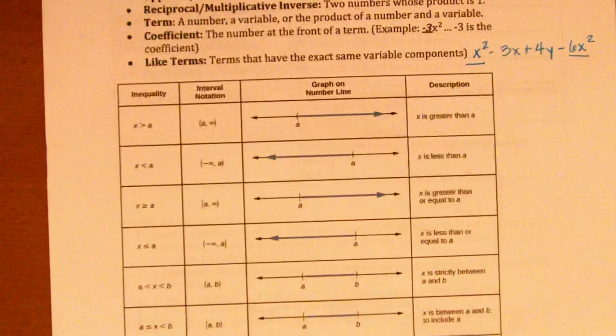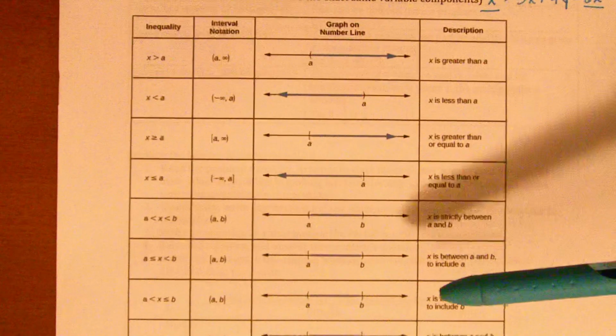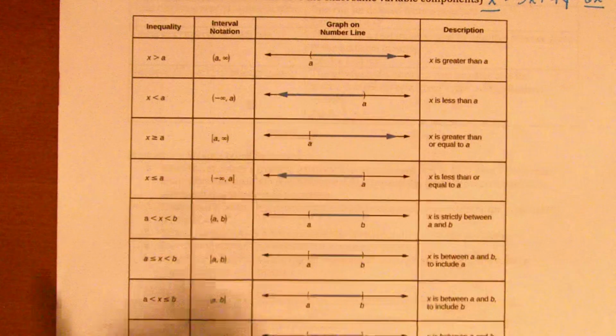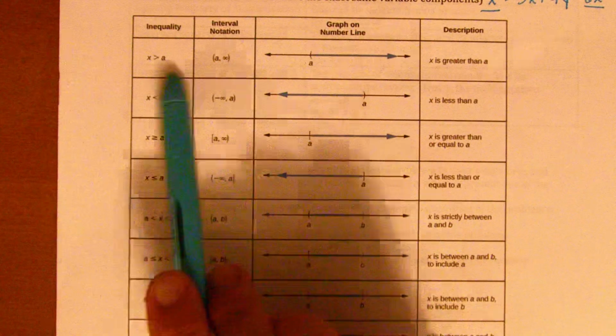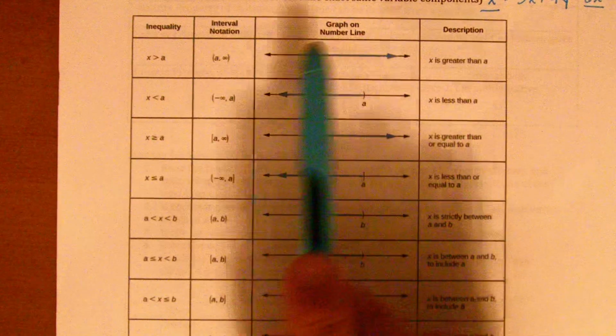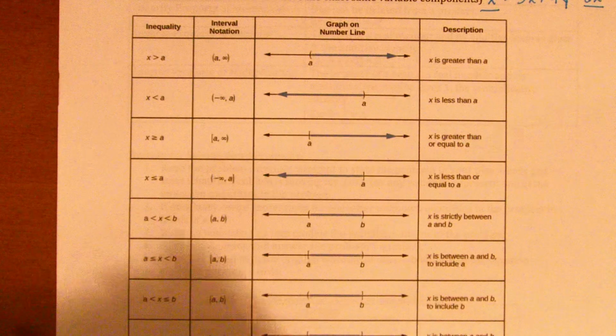And looking at this next part here, this is really just something we're going to reference back to in a little bit. Basically, if I am looking at a number line or an interval or an inequality, this is a translation among how to say it in words, what the graph would look like, what it would look like written in interval notation, and what the inequality would be.